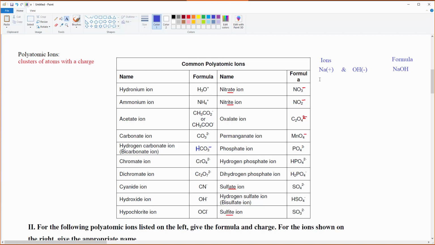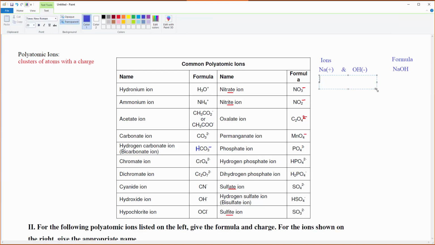What if we did sodium, we'll do potassium, just for fun. It's the exact same charge, so it's going to be the same kind of thing. And we put that together with our carbonate. Carbonate has a CO3 2-.